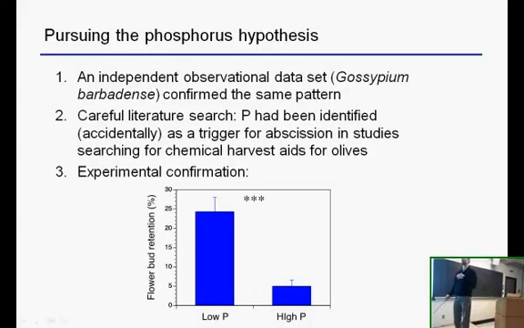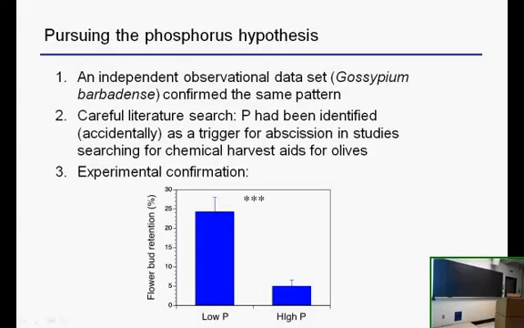I then had the good fortune of having Andrew Forbes join me on this project, a postdoc on the project. And Andrew did a very good and careful literature search and found something that we hadn't found, which was that indeed there was some precedent for a role of phosphorus in abscission responses, not for cotton, but for, of all things, olives.